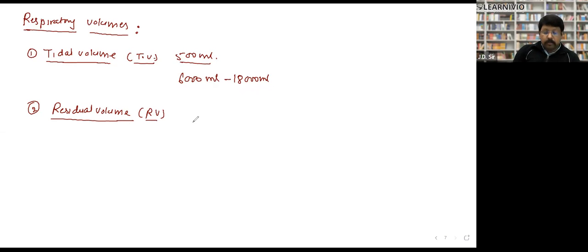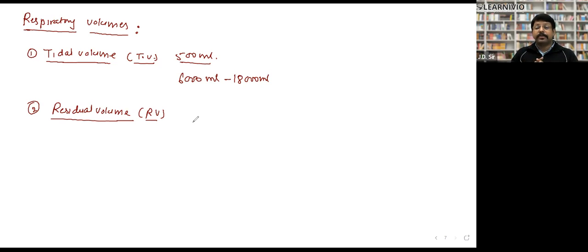The volume of air which we cannot expire out. Even if we forcefully expire, if I put complete force on my lungs and try to push out the complete air, still some amount of air is not going out of the lungs.